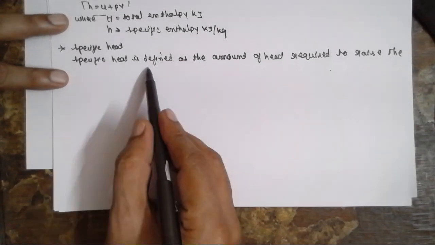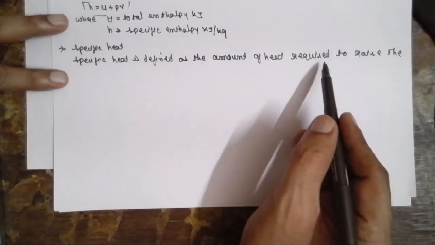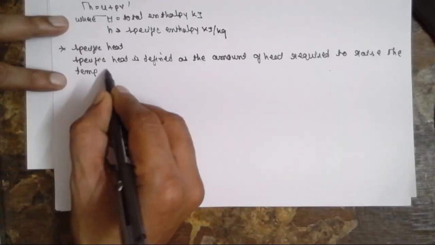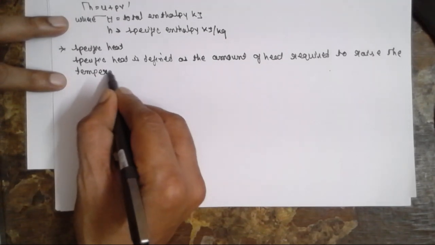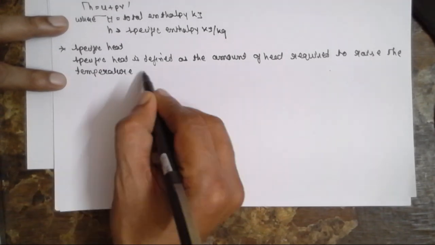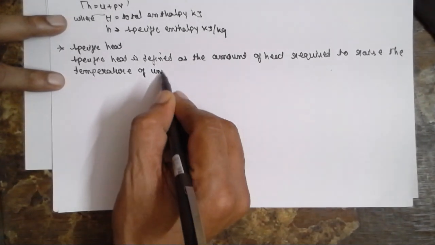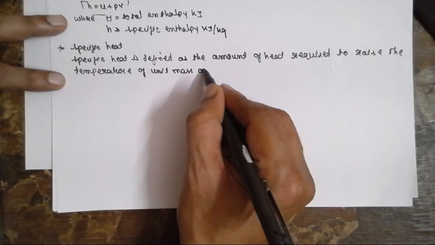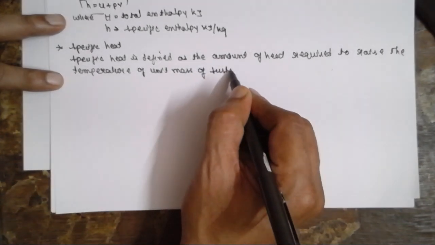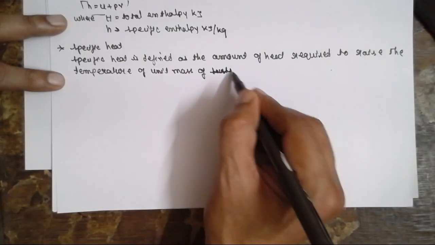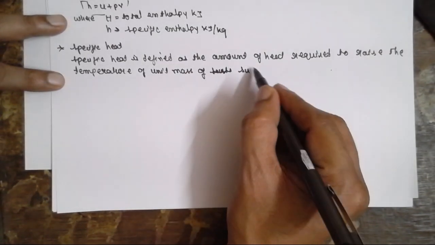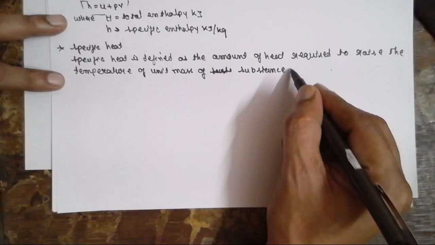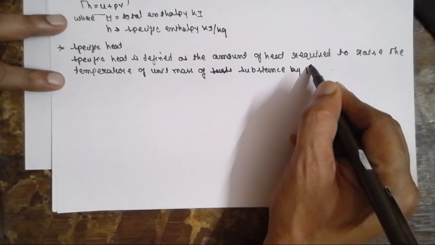Specific heat is defined as the amount of heat required to rise the temperature of unit mass of substance by 1 degree, for 1 degree.